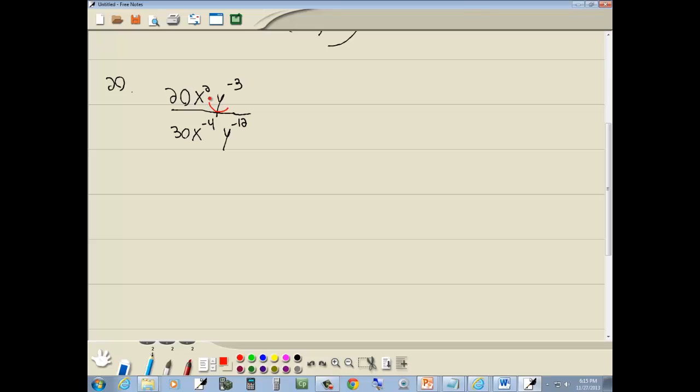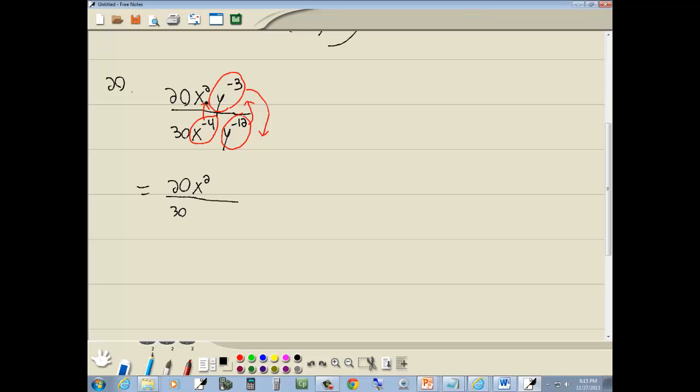So I'm going to take this y to the negative 3, I'm going to take it downstairs. This y to the negative 12, I'll move it up on top. And this x to the negative 4, I'll move it up on top. Now again, when you move anything opposite of where it is in a fraction, the sign of the exponent changes. Now we didn't move the 20 or the x squared or the 30, so they remain as is.